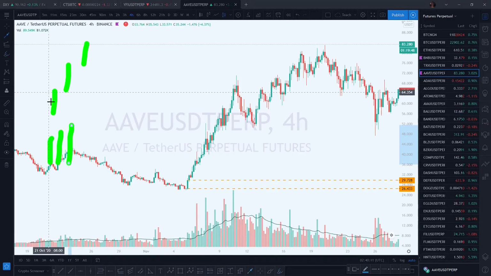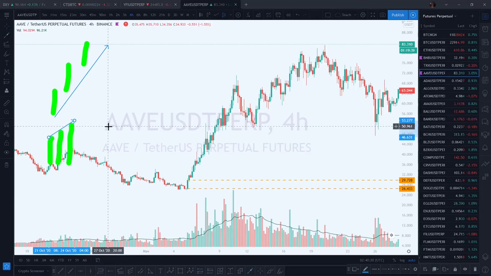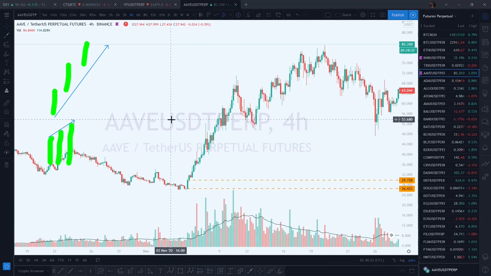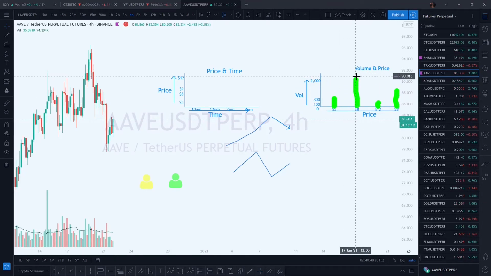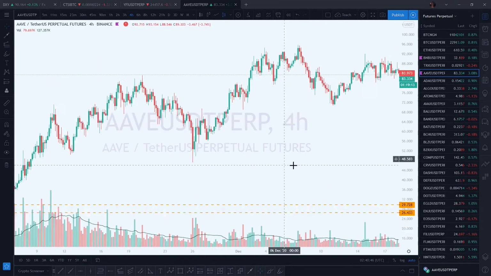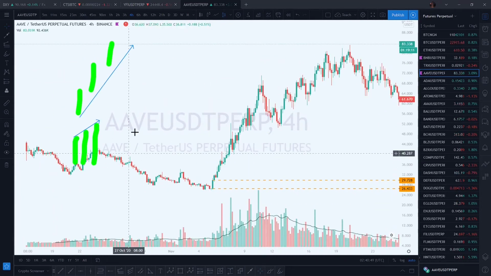So we see an increase in price and also an increase in volume, just like we were seeing here when the price was increasing from $5 to $8. But then the moment the volume started decreasing while price is increasing, that is divergence in price and volume.